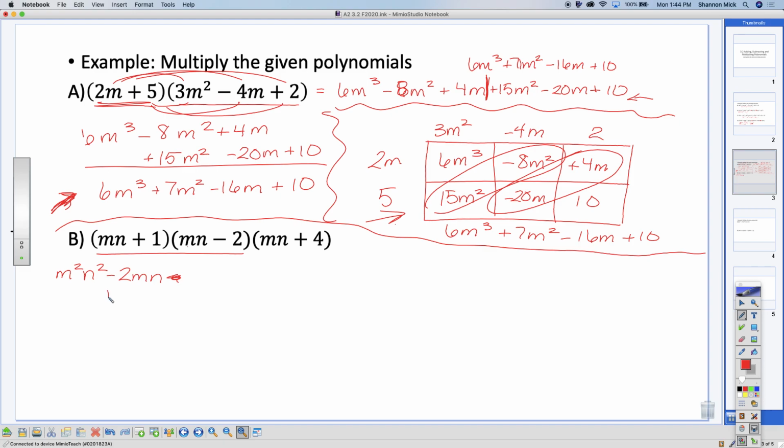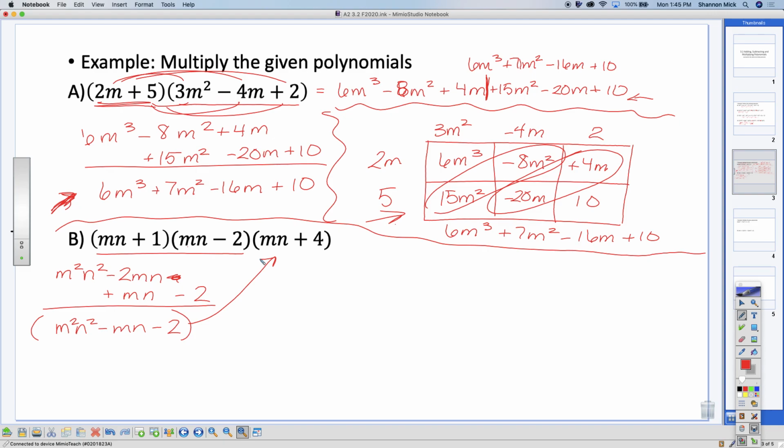So that would be plus mn minus 2. So I get m squared n squared minus mn minus 2. That is so hard to say, mn. Okay, I have my answer, yes? What do I have to do with my answer? Multiply it times the other.